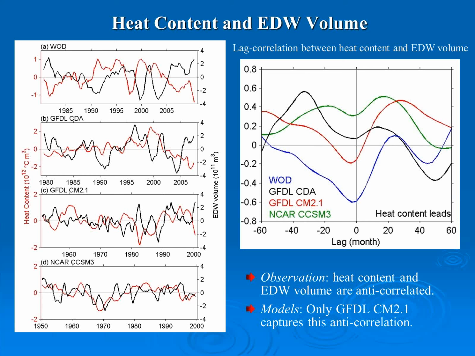The blue line is based on observation. You see this 3 month delay in the anti-correlation. This delay may be due to data resolution, as we only have 3 month temperature. You see this anti-correlation in CM2.1, but you don't see it from the data simulation model and CCSM3.